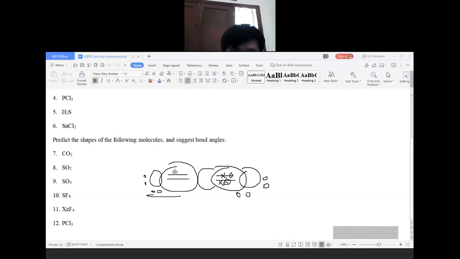We have to think completely. Completely, it means that we see this one, it has 4 bond pairs. And the fact is, these 4 bond pairs are divided into 2 double bonds. In one double bond, there are 2 bond pairs.